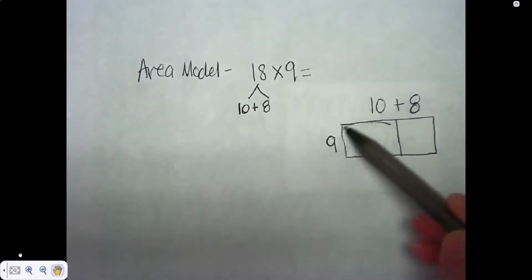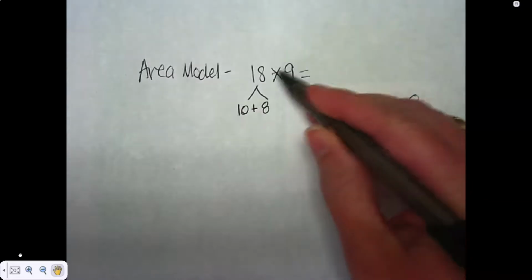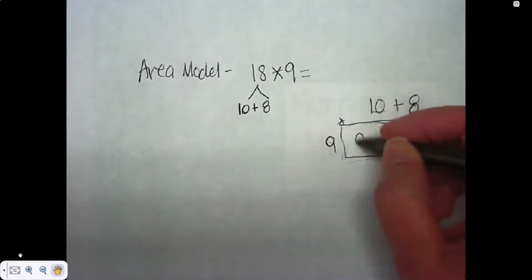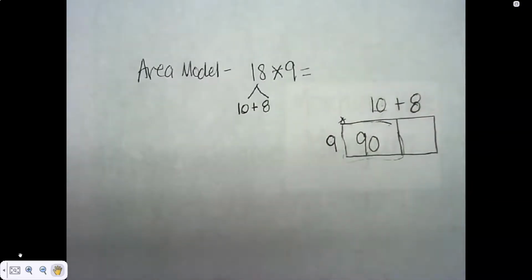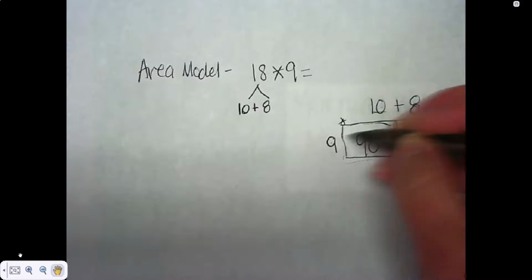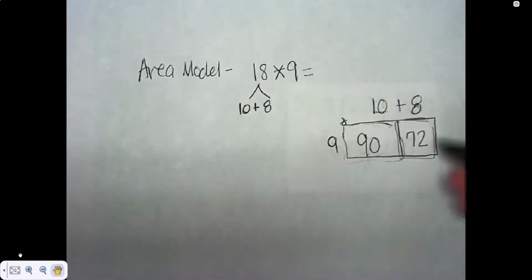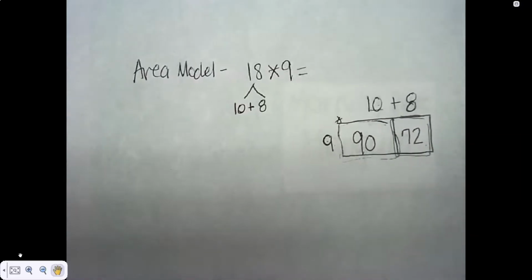So my first box would have an area of 10 times 9. So 10 times 9 is 90. So I know the area of the first box is 90. And then the area of my second box would be 8 times 9, which I know would be 72. So I have my two parts, 90 and 72.